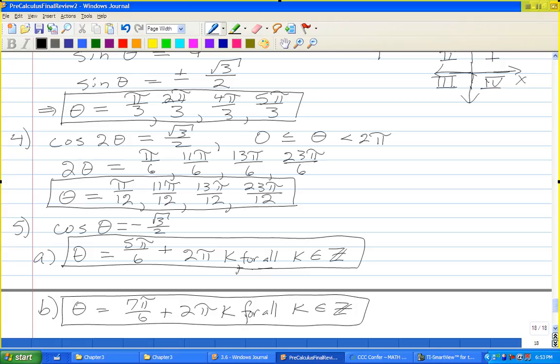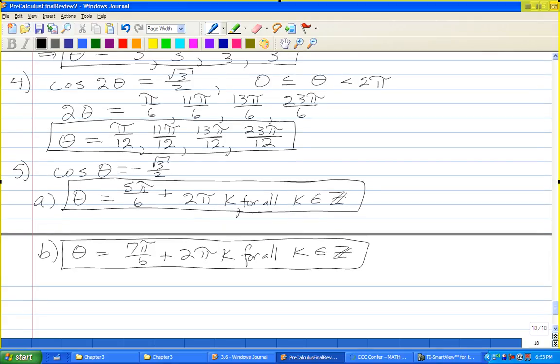C. Write the first 6 solutions greater than or equal to 0. Okay, so 5 pi over 6, 7 pi over 6, add another 2 pi to that.